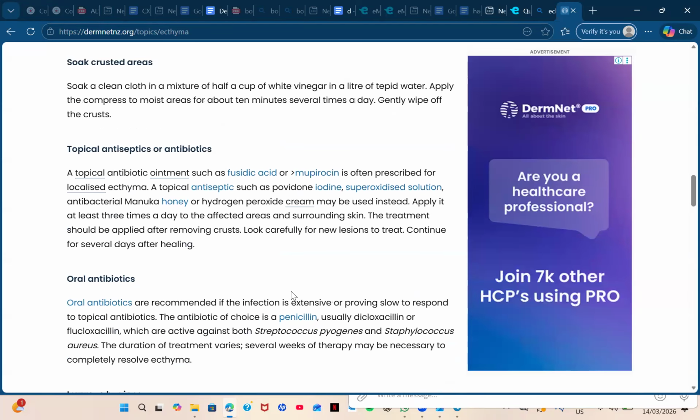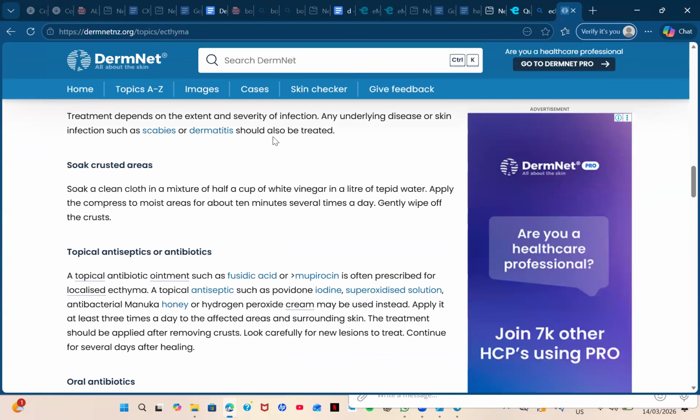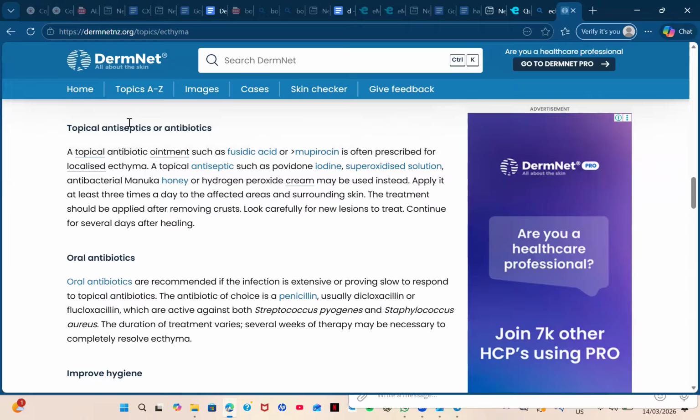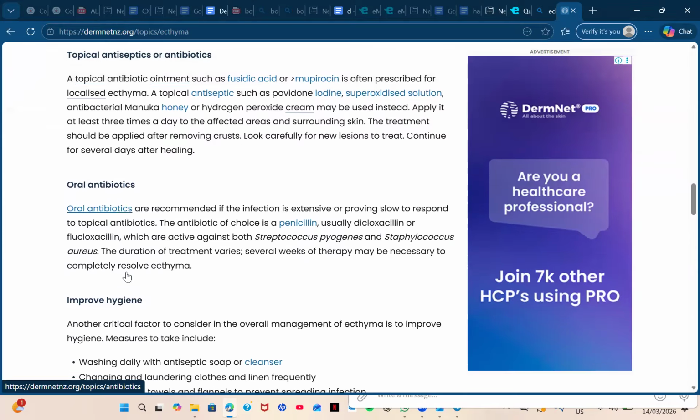Then here you have to remember, doctors, we usually go with oral antibiotics, right? Oral antibiotics, even though they have mentioned the topical one. Mainly we go with oral antibiotics.